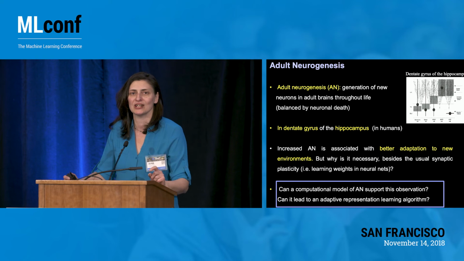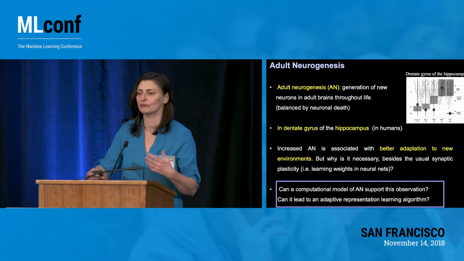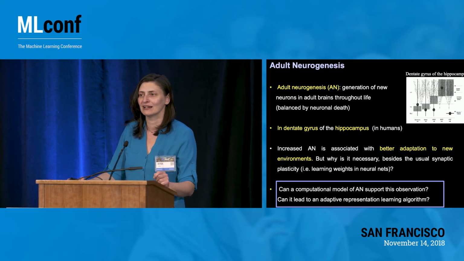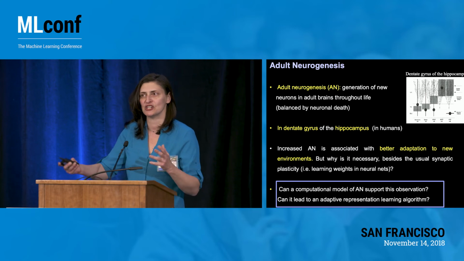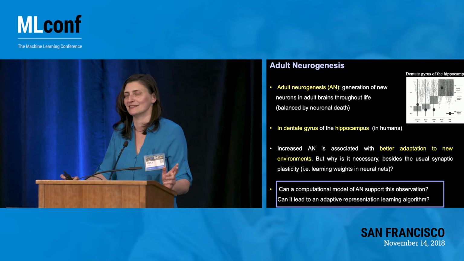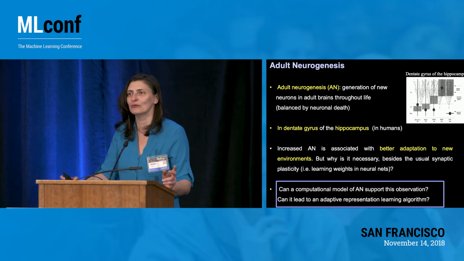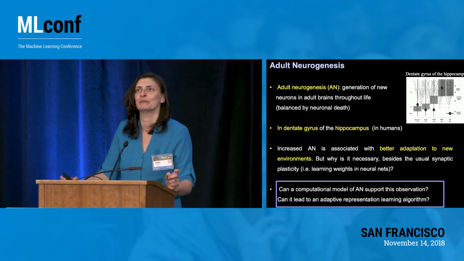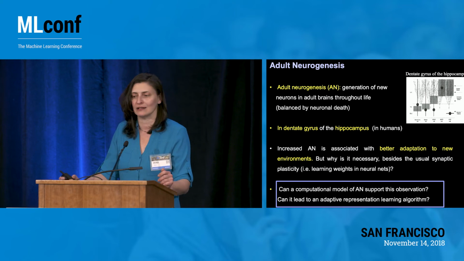the phenomenon of adult neurogenesis inspired us to do lifelong learning with continuously changing architectures. Adult neurogenesis is an interesting phenomenon of new neurons being born in adult brains, which was not believed to be the case like 30 years ago, but now is well established in pretty much all mammals. There are mainly two areas, the hippocampus and olfactory bulb in rats and other mammals.